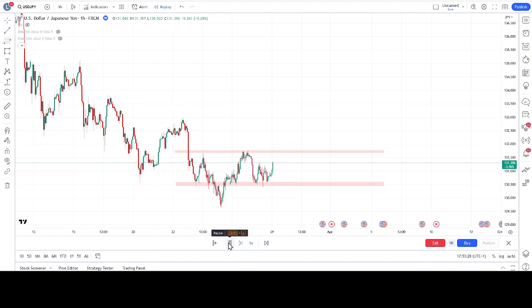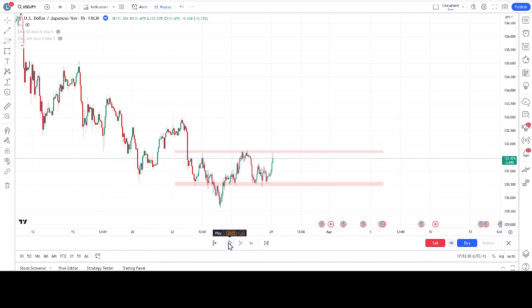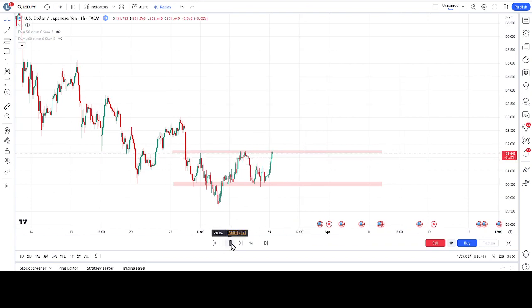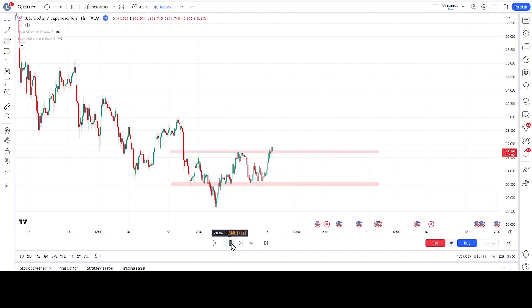Yeah, there you go. It's tried to touch the neckline here. Not broken out yet. Let's see the next candle. Okay, it's trying to break out. There you go. That's the breakout.